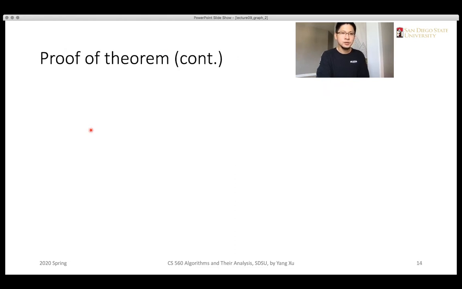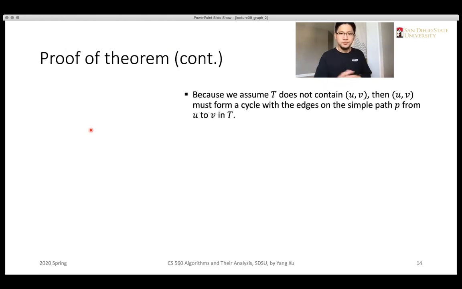Okay, so if we follow the logic, because we assume that the first minimum spanning tree T does not include UV.